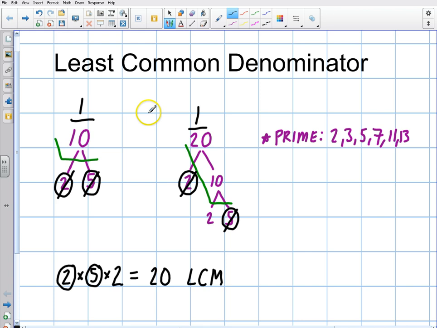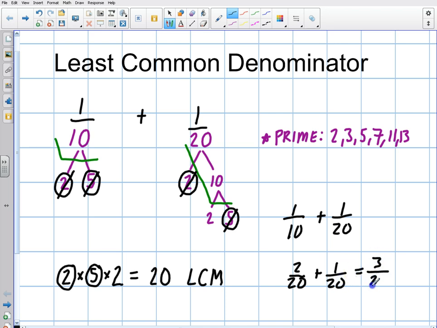So let's say that I was adding these two fractions, let's say I had 1 over 10 and 1 over 20. Then I know that in this case, if I have 1 over 10 plus 1 over 20, my least common denominator would be 20. So this would be the same as saying 2 over 20 plus 1 over 20, right? And so we're going to get 3 over 20.